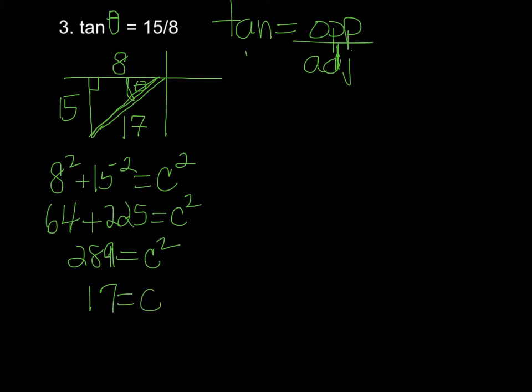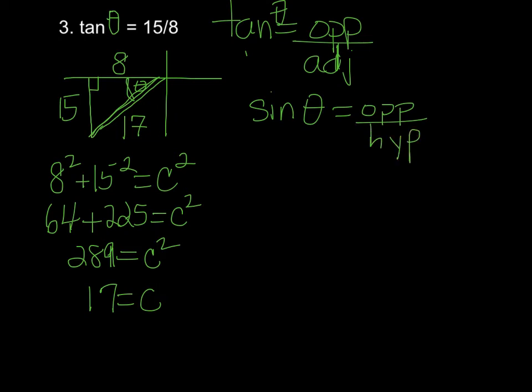Okay, now if you look at the question, it's asking you to find the value of sine. Now remember that sine of an angle, and I probably should have thrown that in there too, is equal to the opposite, right, SOHCAHTOA, over the hypotenuse.